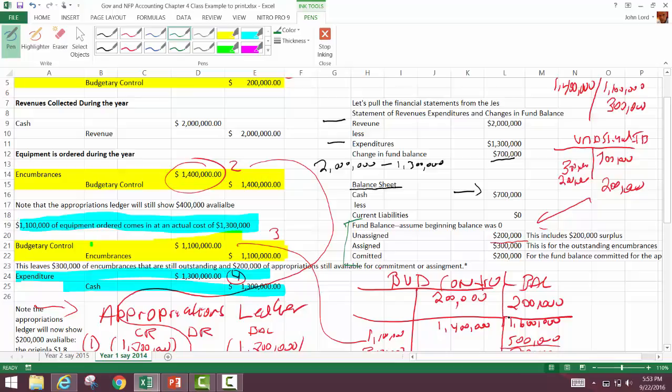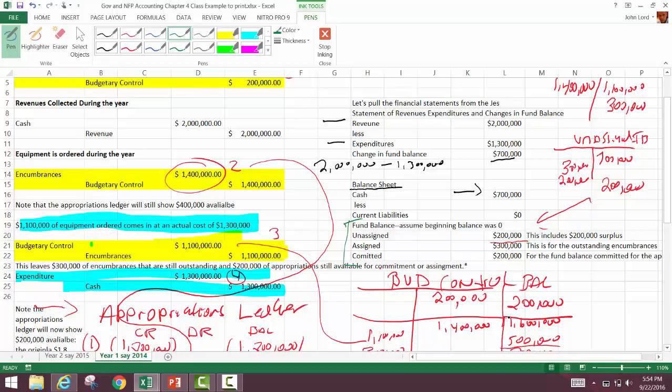Right? Okay, then what happens? Then I go ahead and I get 1,100,000 of the original amount that I had encumbered for 1.4. I get 1,100,000 of that, but it comes in at an actual price of 1.3 million, right?